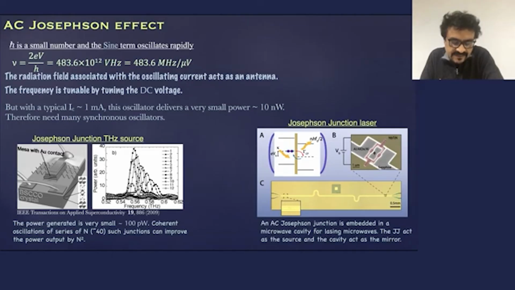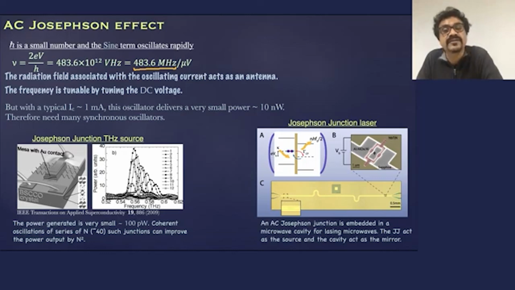Basically that is the, and volt is actually, you have to multiply this, volt is 1 here. Okay, that many hertz, that's what it is. Or we are getting, if you apply 1 microvolt, that means you will get 483.6 megahertz.